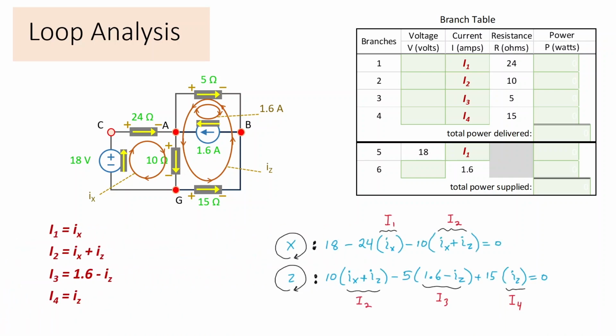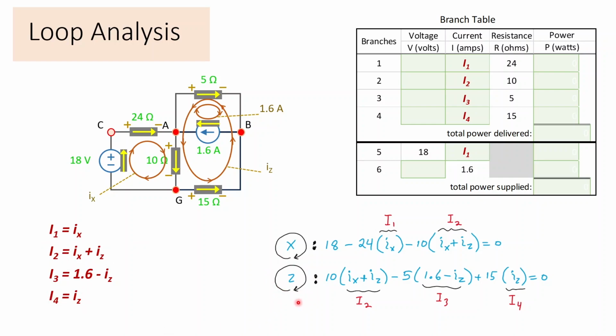And now we write our loop rules for X and Z, loops X and loop Z. And notice that I show loop Z as counterclockwise, and that had an effect on how the branch currents relate to the loop currents.